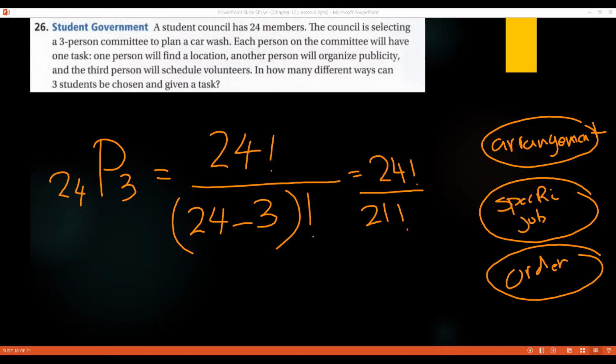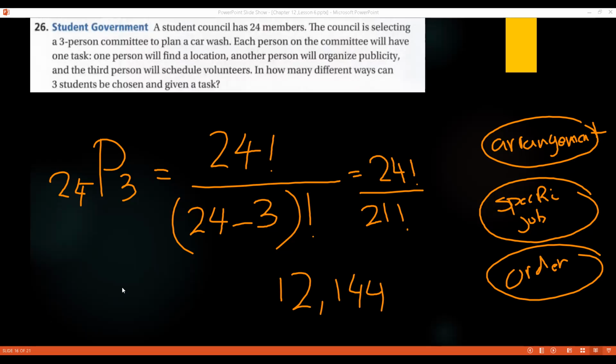Teacher, 12,144. Who else solved it? Teacher, me and Farah. Right. So it's 12,144.